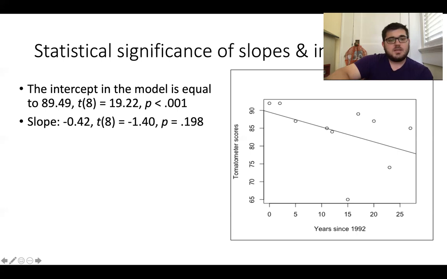Well, what does that mean? That means we can reject the idea that the intercept is actually 0. Not very interesting. That just means that Quentin Tarantino didn't start at 0 whenever his career started. In many circumstances, an X equal to 0 doesn't actually make sense. Like, you cannot have an IQ of 0, technically.